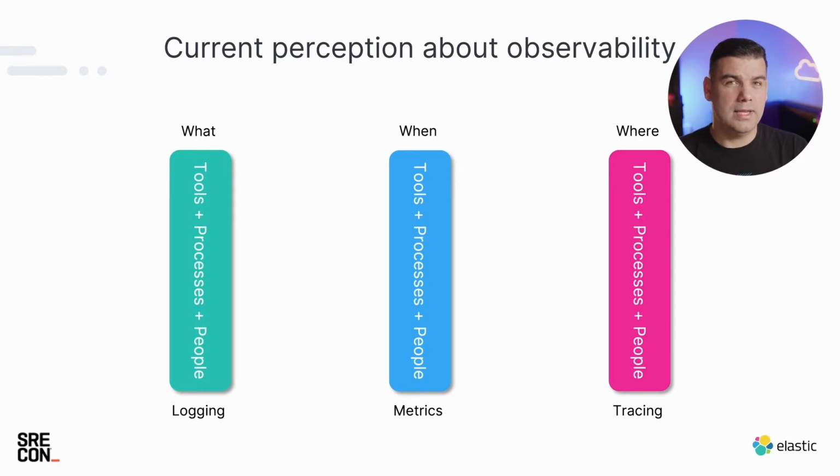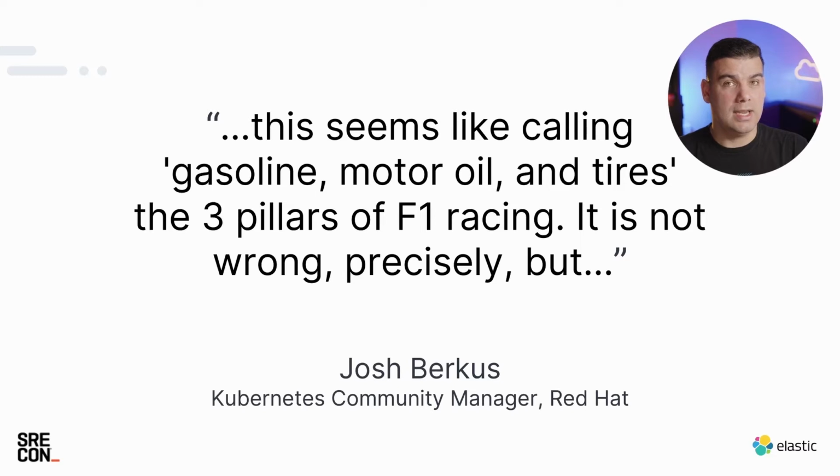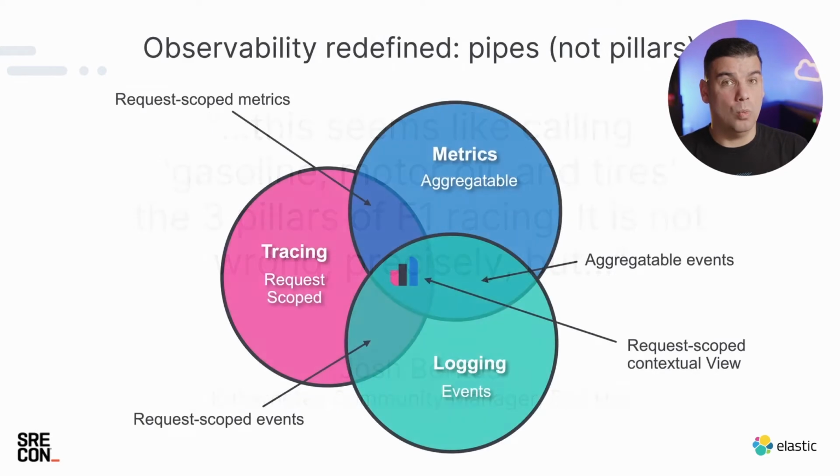The problem is, individually, they do not provide the actual value that observability is supposed to deliver, right? It's just like this very good analogy comparing tires, gasoline, and motor oil, and saying that they build up what we know as F1 racing. So technically it's not wrong, but it's not just like that. What we actually need is to stop thinking about observability as silos of types of telemetry data and think about them as simply pipes, right?